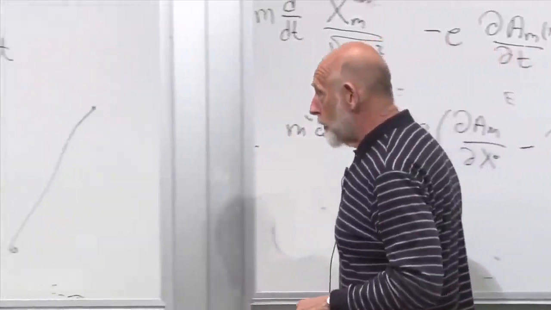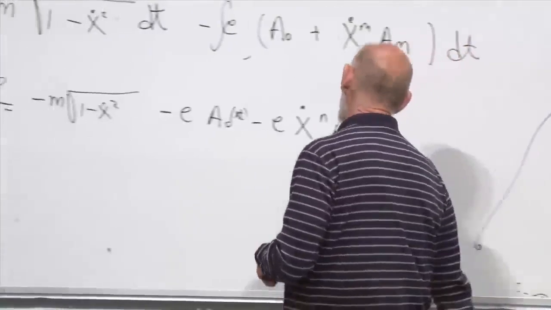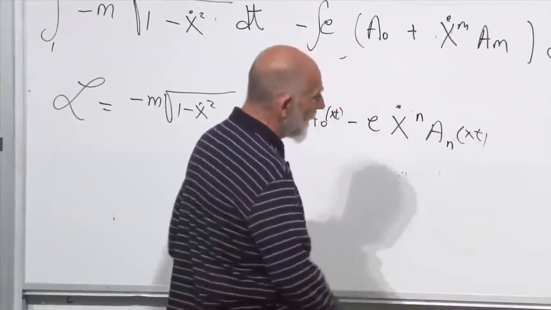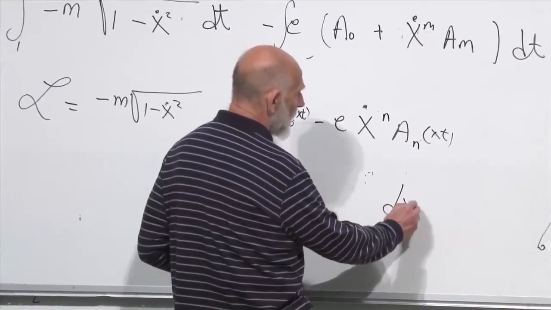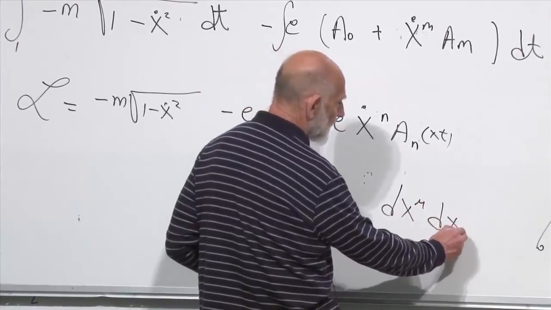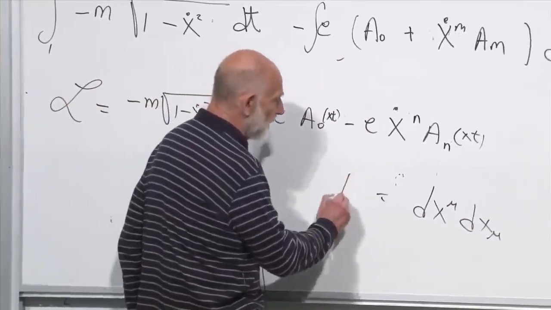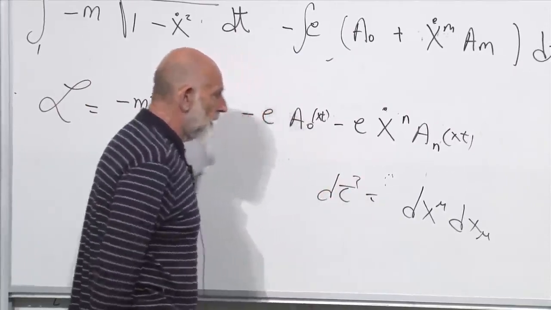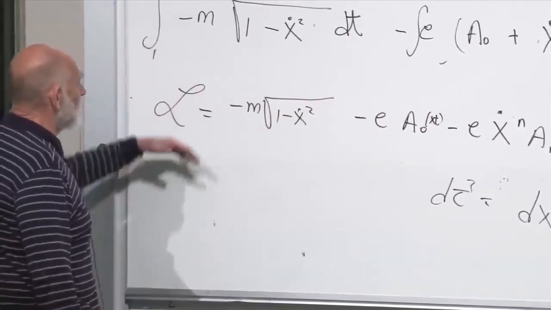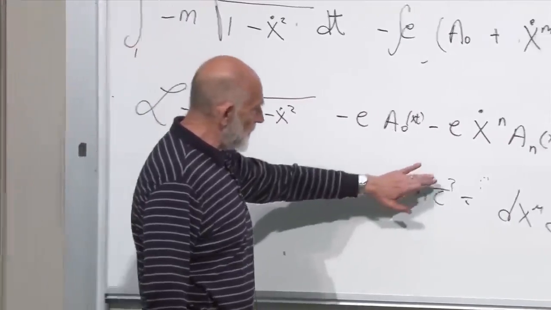Given a dx mu, there are basically two things you can do with it to make a scalar. One is to multiply it by itself. And what is that? That's just d tau squared. That's already in the Lagrangian. Here d tau is just the square root of that.